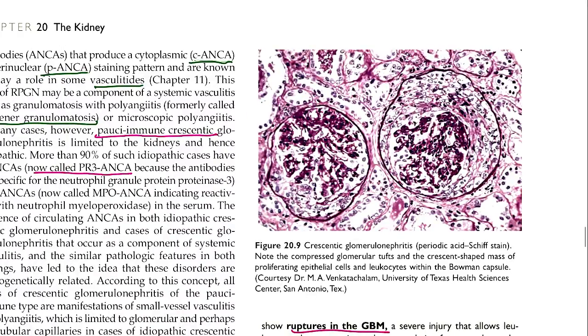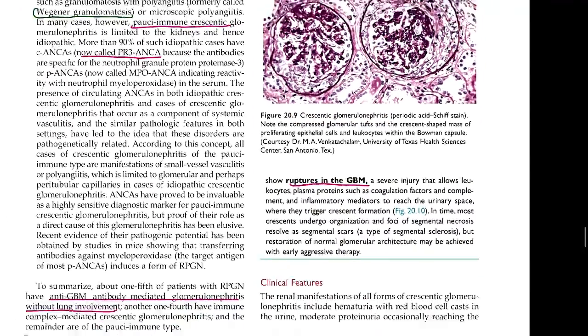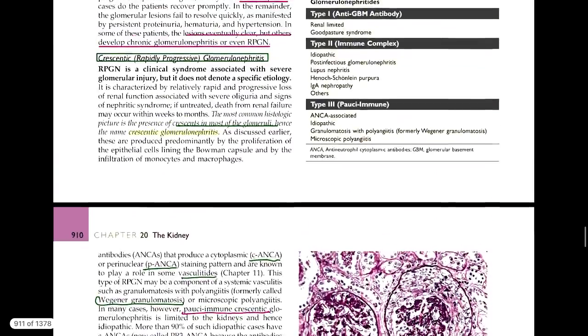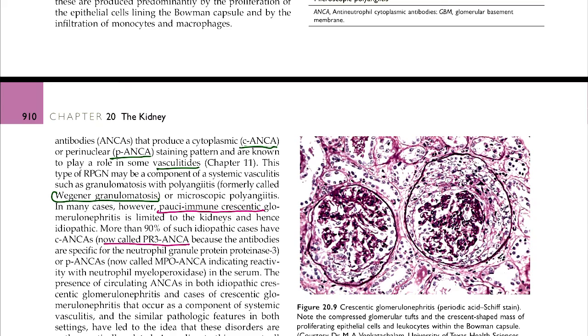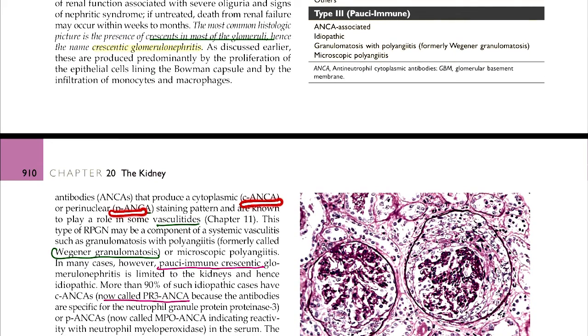Here we talked about crescentic formation. You can see the glomerulus inside, and this crescentic shape, with proliferation of parietal cells and infiltration of WBCs. This crescentic glomerulonephritis was stained with periodic acid-Schiff stain. In the pauci-immune type, we talked about P ANCA and C ANCA, and said these are also related with vasculitis.